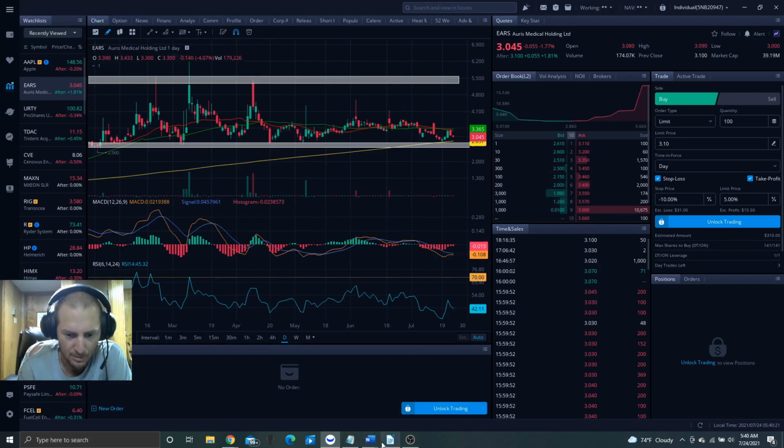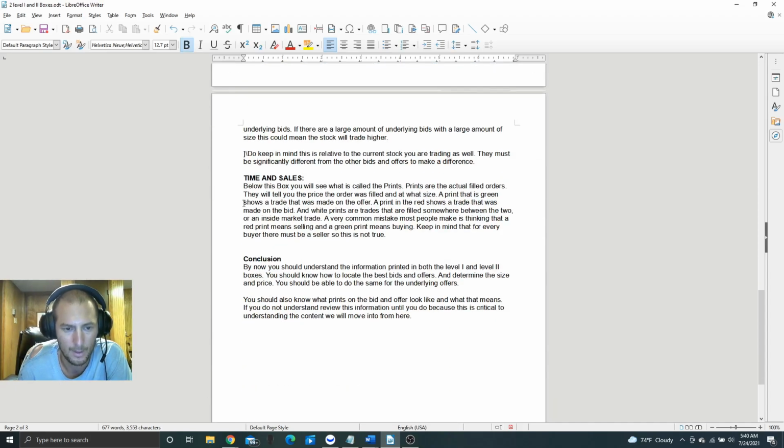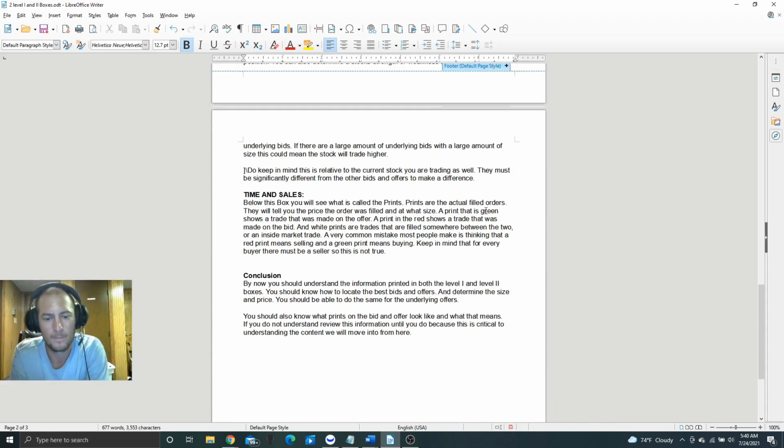Okay, so let's go back to what we were looking at here. So by now you should pretty well understand the information that's printed in both the level 1 and the level 2 boxes. You should know how to locate the best bids and offers and determine the size and prices that those are offered or bid at.